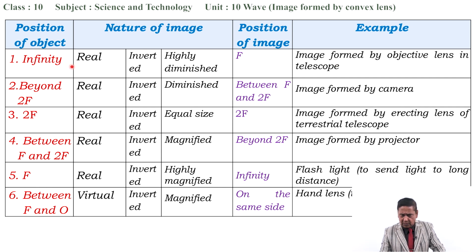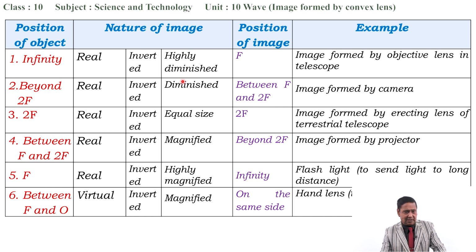Have you noticed this? When the object is closer to the lens till focus, at first it was at infinity, now a little nearer than infinity, beyond 2f, at 2f, between f and 2f, and at f. If the object is brought closer and closer, then the image is found to be magnifying.